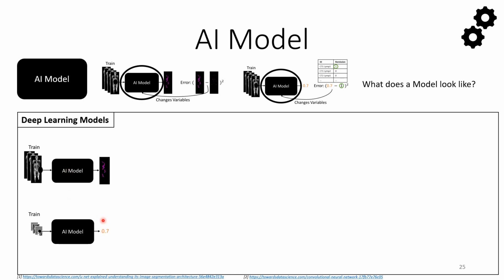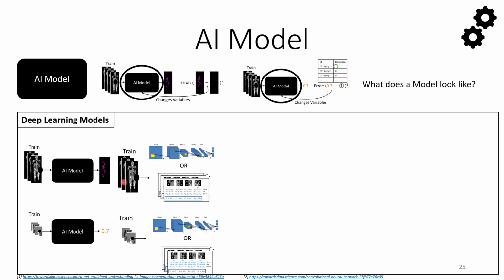For both tasks, we take the images and pass them either through a convolutional neural network or through a vision transformer. So here they are multiplied with a lot of different variables that can be changed during training.